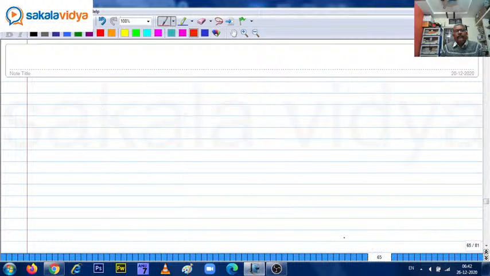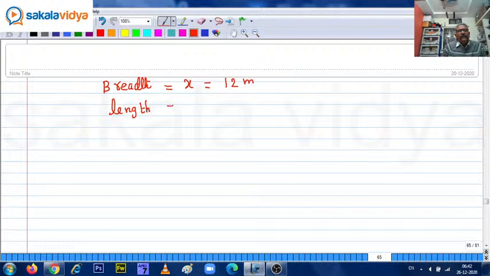Therefore breadth is equal to x, that is 12 meters. We need length equal to 2x + 1, that is 2 multiplied by 12 plus 1, that means 24 plus 1 is 25 meters.